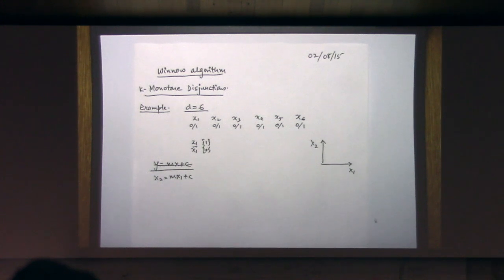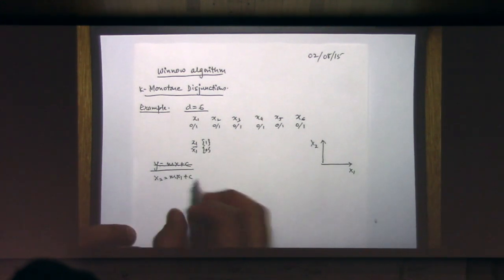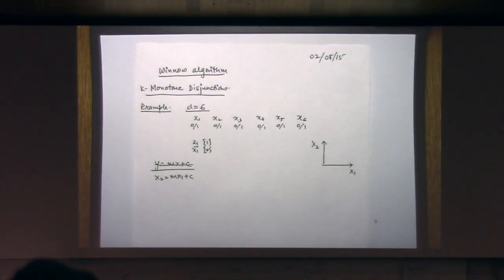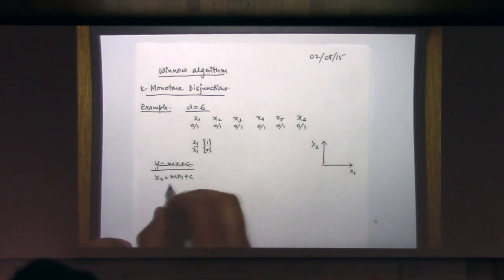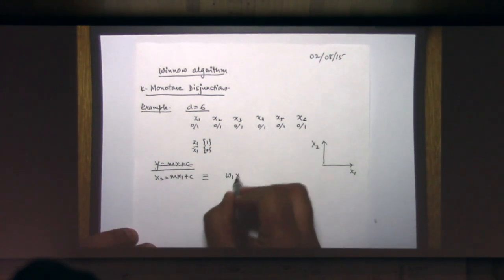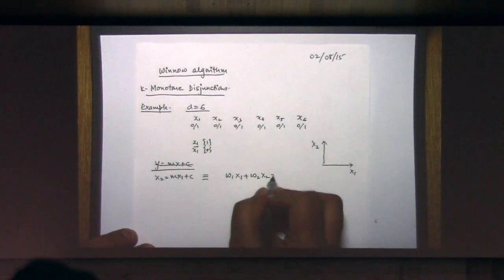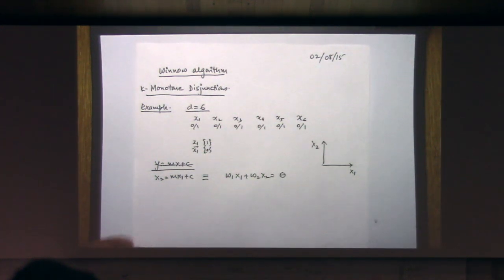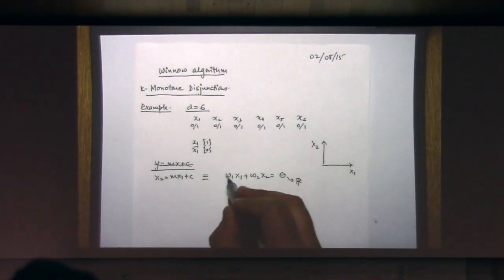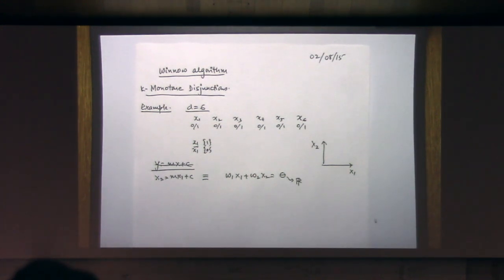The way we are going to denote it, because that is easier in machine learning, is as coefficients multiplied by each coordinate, equal to some constant. An equivalent notation is w1 x1 plus w2 x2 equal to theta, right? Theta is a scalar, that means theta belongs to R. All of these are scalar values, real numbers. So this is another way to represent a line.